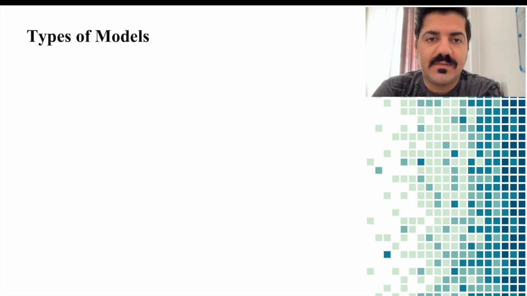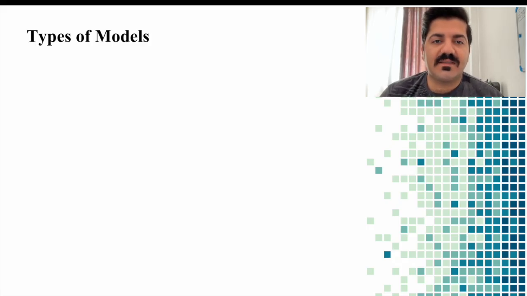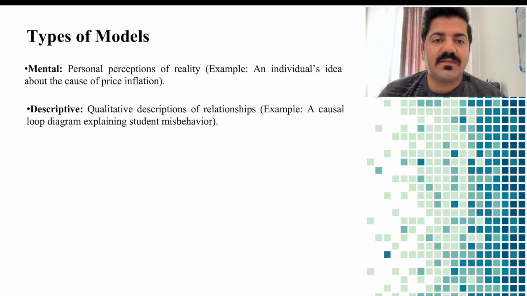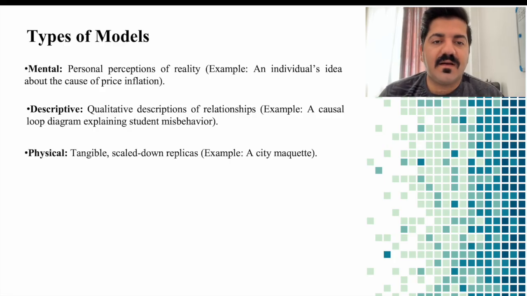Types of models. I want to introduce 5 key types of models used to understand and represent reality. First of all is the mental model, a personal belief or perception, like someone's view on what caused inflation. Another is the descriptive model, a qualitative explanation, such as a diagram showing why a student misbehaves. Another is physical models, a tangible form, like a scaled down city model.